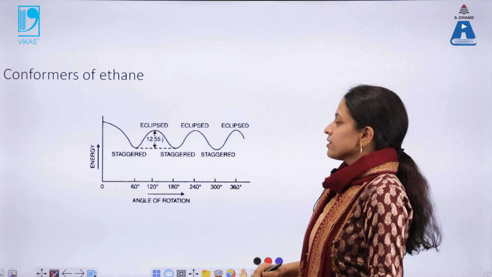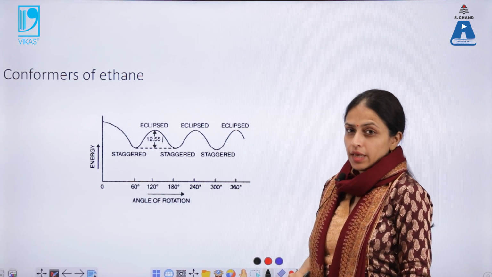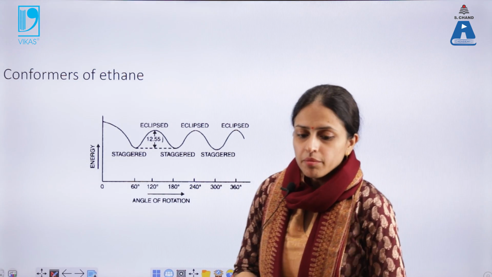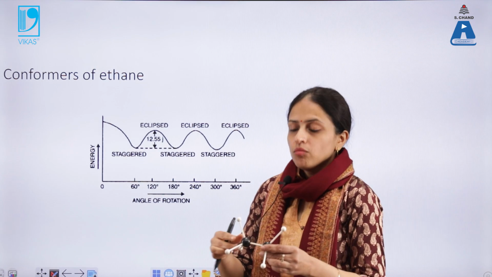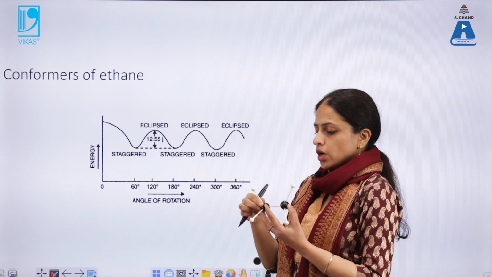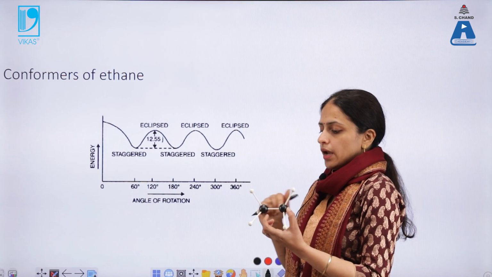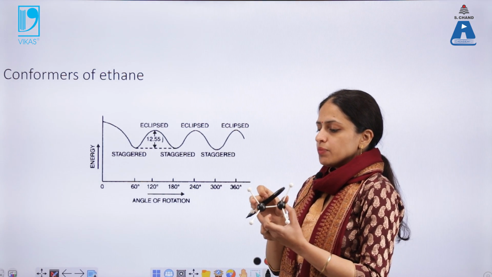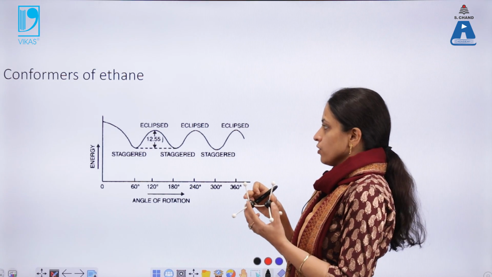Now let's look at the conformers of ethane. Coming back to the 3D molecule, here you can see that the two hydrogens above the plane on C1 and C2 are eclipsing, that is, they are in front of each other.